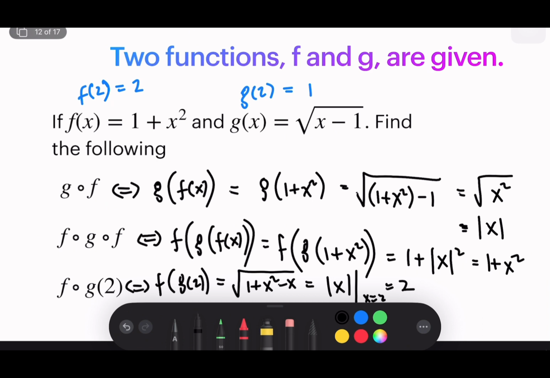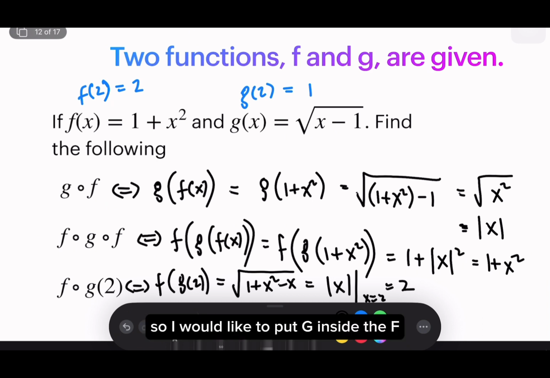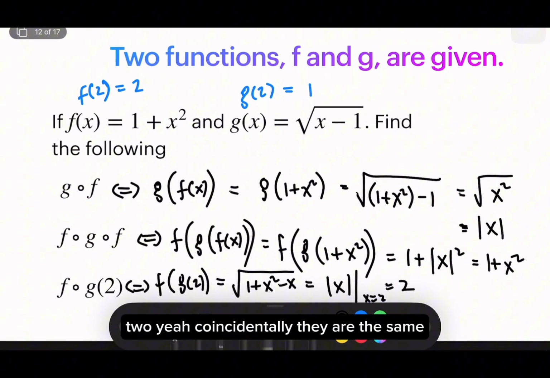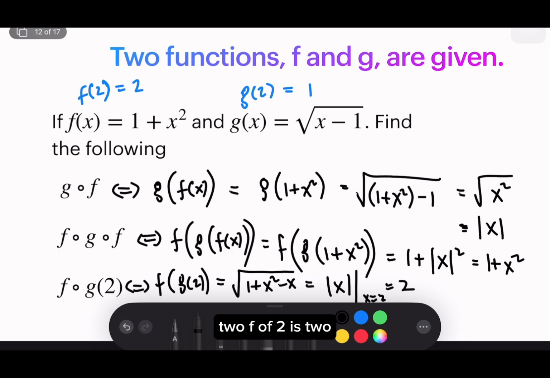If you plug in 1, so g of 2 is 1. Then I put g inside the f, so I put 1 inside here. 1 plus 1 is 2. Wow, coincidentally they are the same. The f g of 2 and the f of 2 are the same: 2.